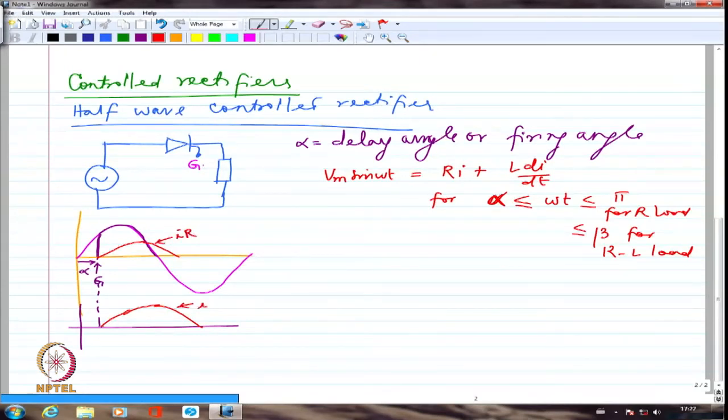This is I, for example, right? Whatever is the leftover voltage here, the difference between these two, that happens to be VL, L di by dt, the voltage across inductance. Because I am essentially writing that Ri plus L di by dt equal to Vm sin omega t, and this is Vm sin omega t, and this is IR. So obviously this has to be L di by dt, right?